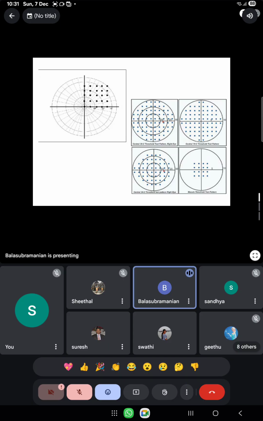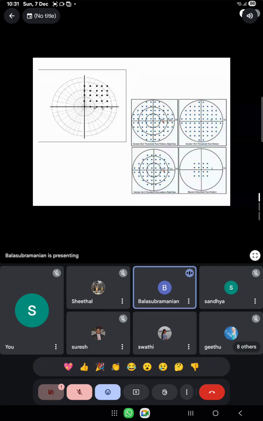Why 30-2 and 24-2? Most glaucomatous field defects are within the 24-2 range. To avoid patient fatigue, the 24-2 is preferred. The thing is the number of points tested.